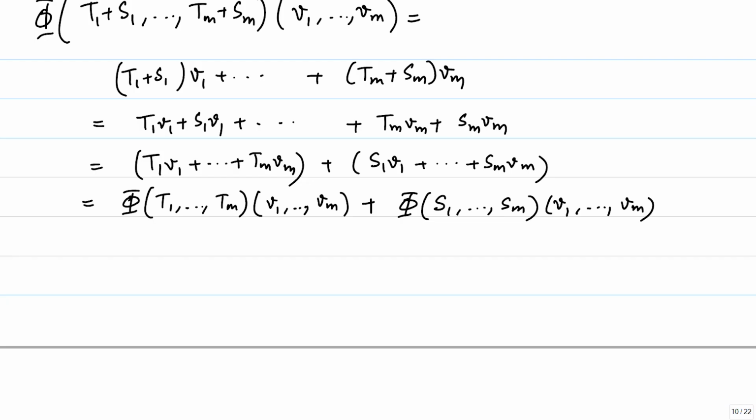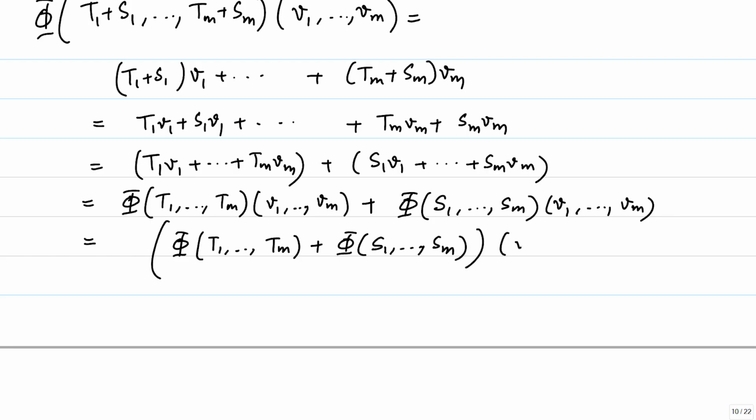Now, yet again, by the definition of sum of linear transformations, this is Phi of T1 to Tm plus Phi of S1 to Sm on V1 to Vm. So I believe that you have kept track of which addition is happening where, or you should maybe go through these steps once again.